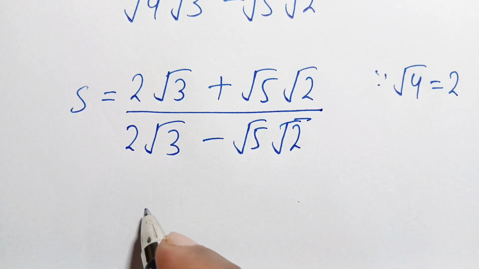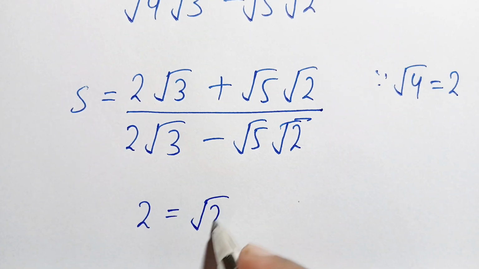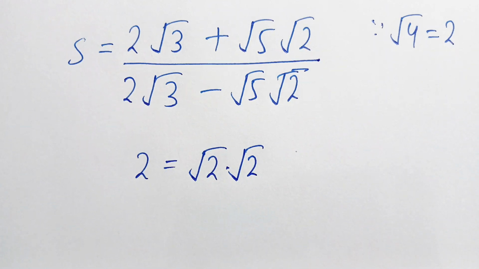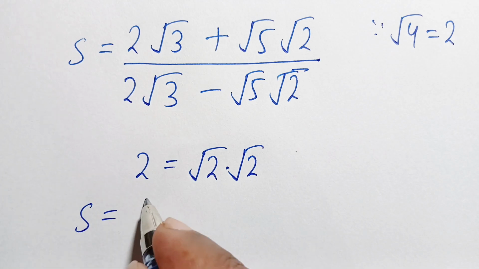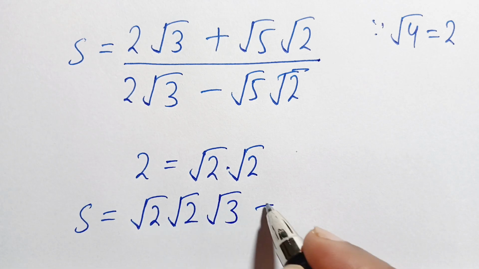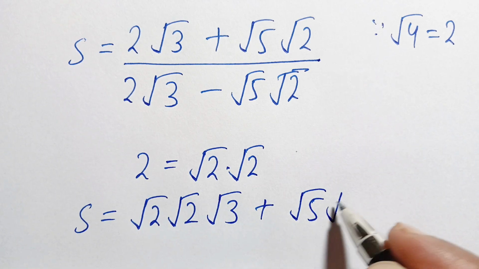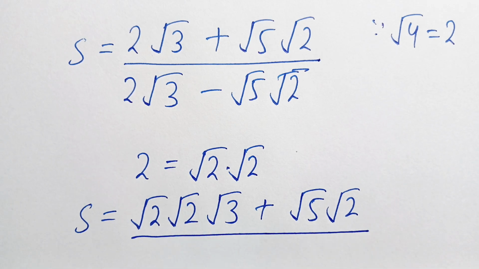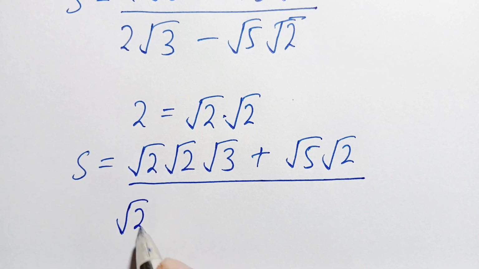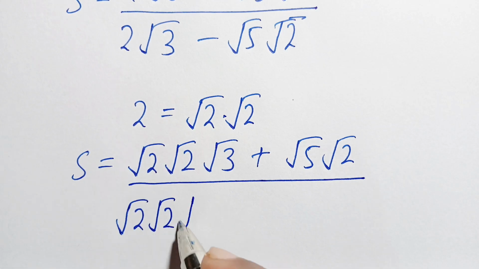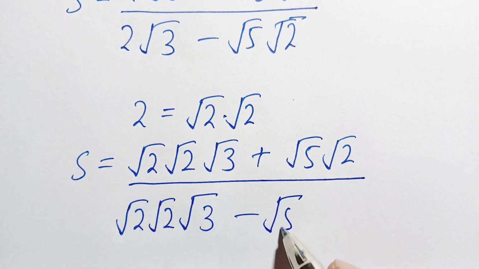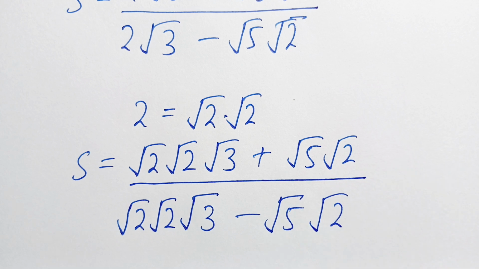Now we can write this 2 as square root 2 times square root 2, so S equals square root 2 square root 2 square root 3 plus under root 5 under root 2 over square root 2 square root 2 into square root 3 minus square root 5 square root 2.